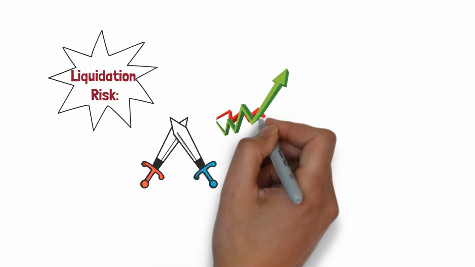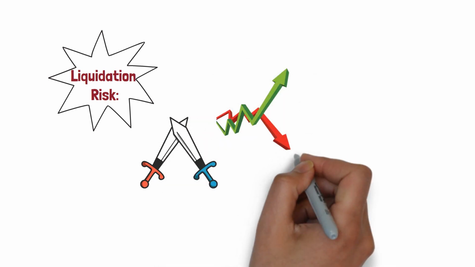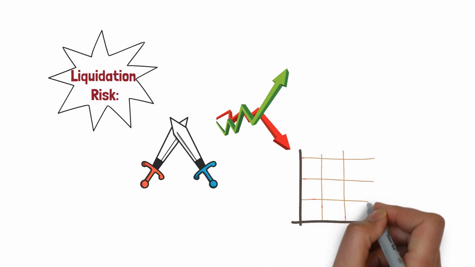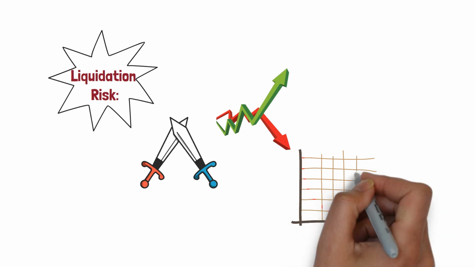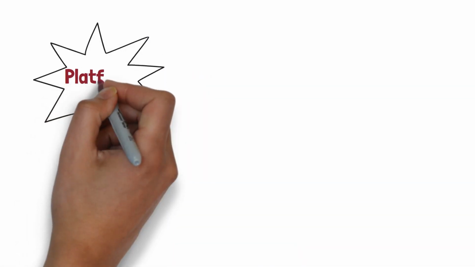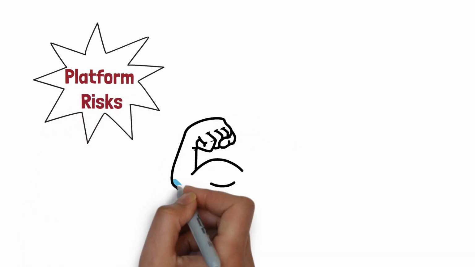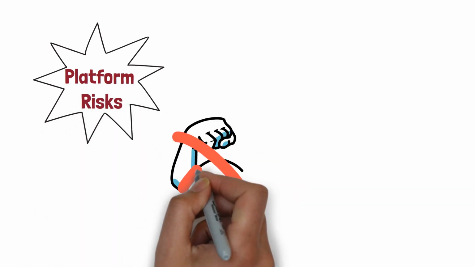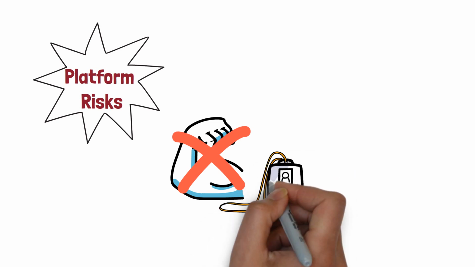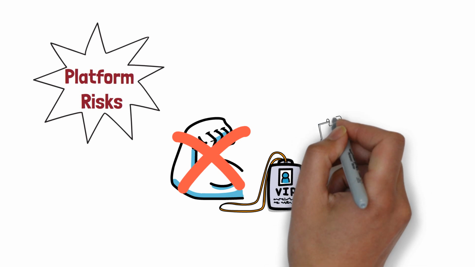While it can amplify profits, it also increases the risk of liquidation. If a trader's position moves too much against them, their collateral may be insufficient to cover potential losses, leading to liquidation. 3. Platform risks. DeFi platforms are not immune to security vulnerabilities and smart contract risks. It's essential to choose reputable platforms with a proven track record that undergo security audits.